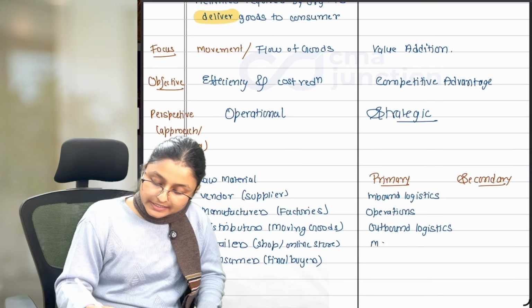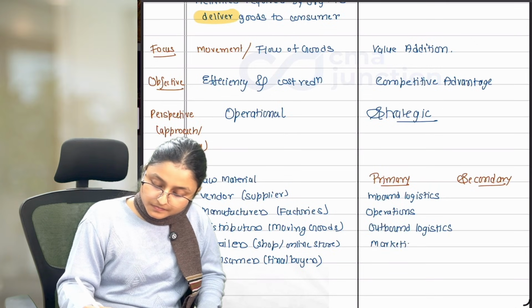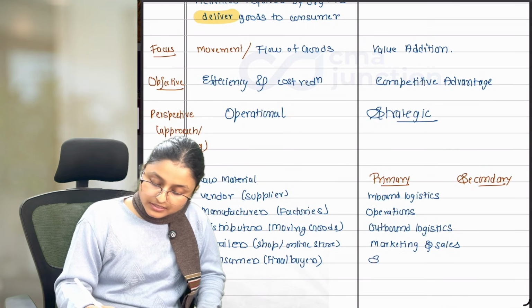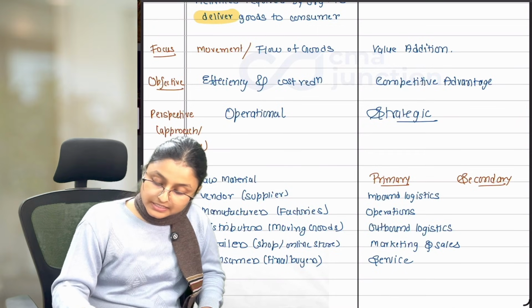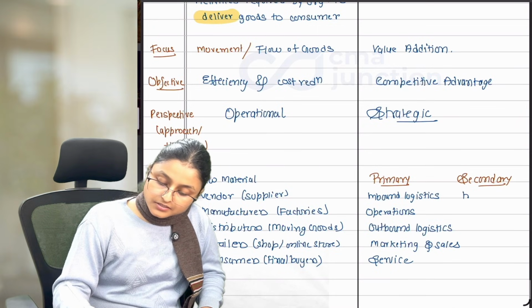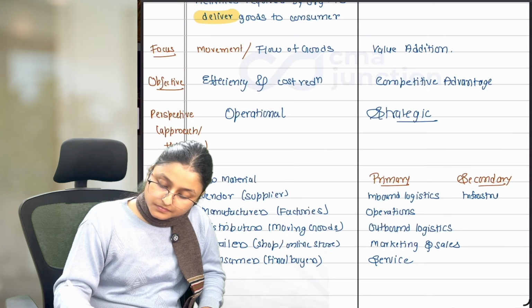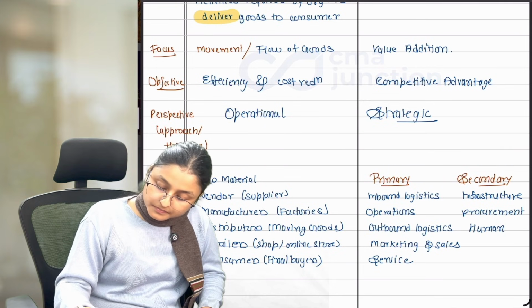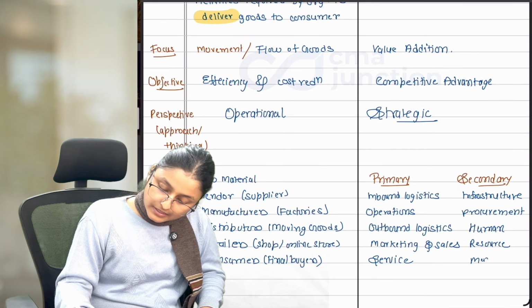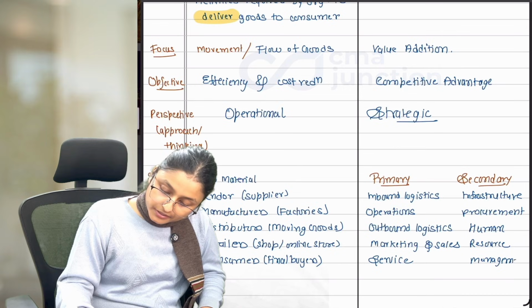Next is marketing and sales. And last is after sales service. In secondary activities, we have infrastructure, procurement, HR management, human resource management. And last is technology development.